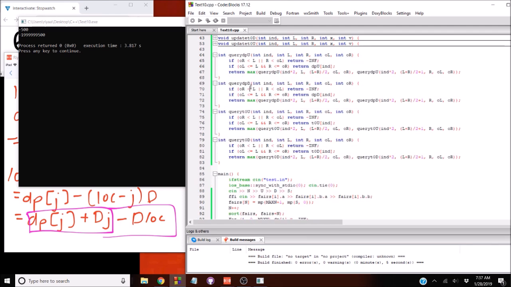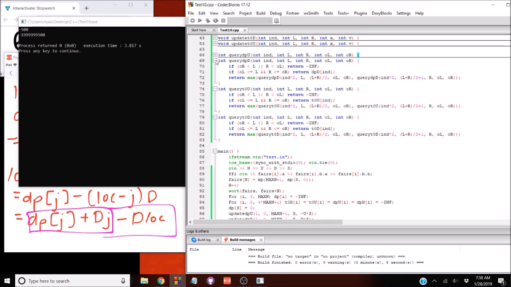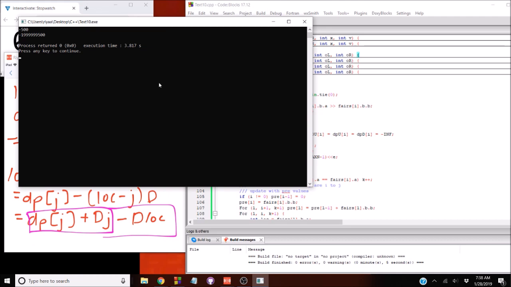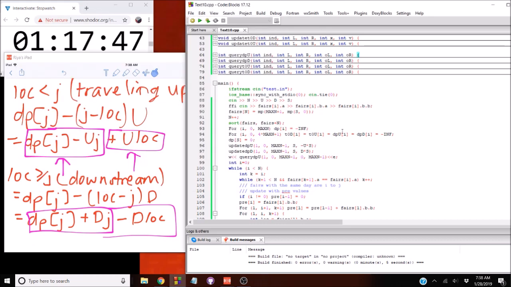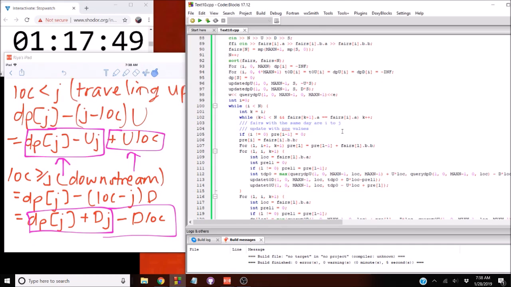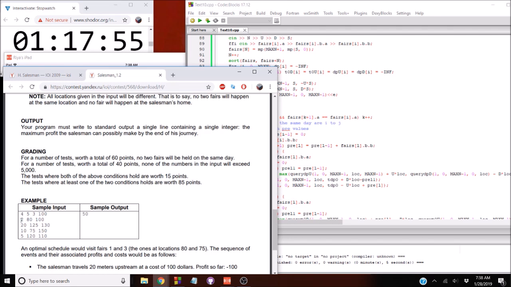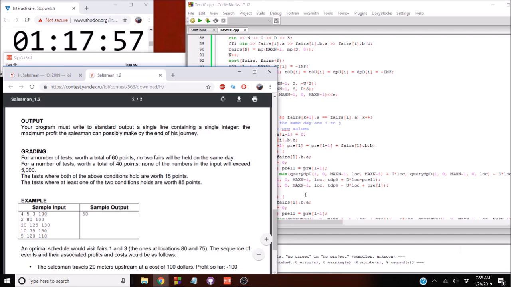Make sure everything's pasted properly. Okay, and I'll use this. So let's look at the input again. All the days seem to be different.